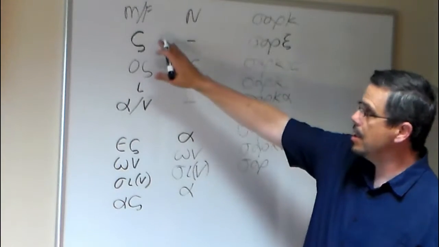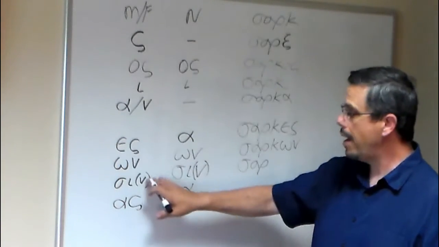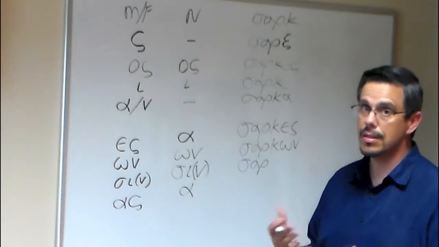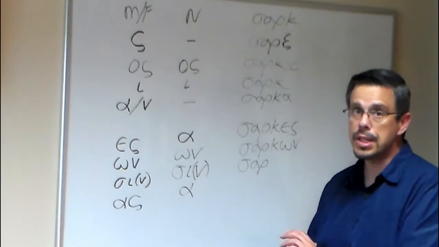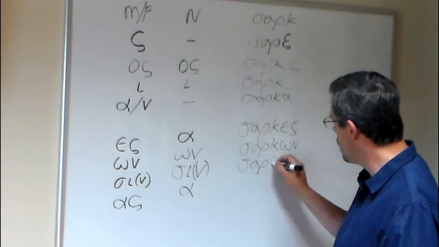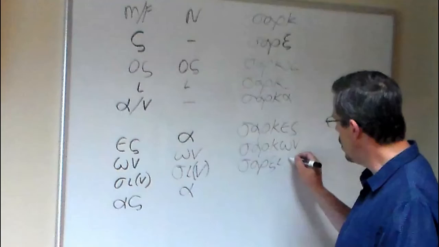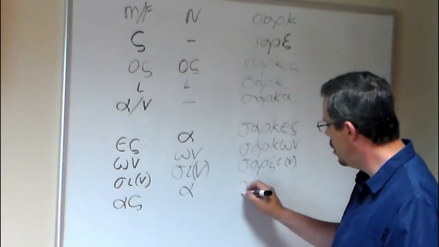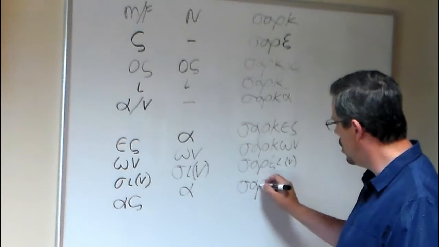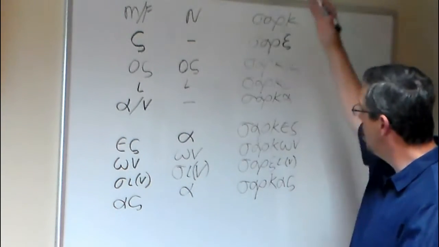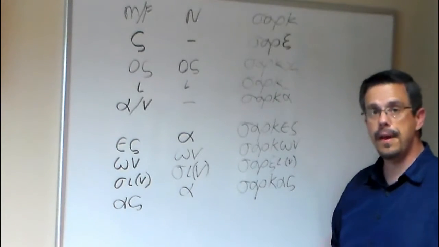Whatever happens in the nominative singular will happen in the dative plural, because the same ending in the consonant, same sigma, creates the change. So this one is going to be sarxi, or maybe with the movable nu, sarxin. Sarkas. Okay, so that's how we do a feminine.